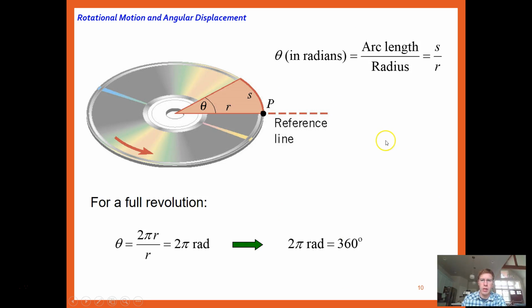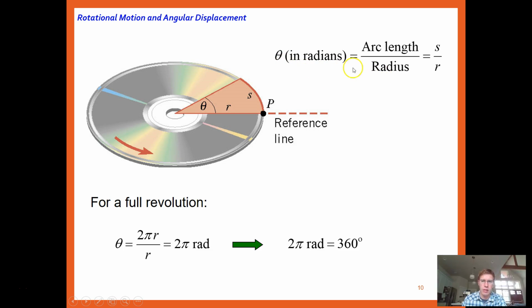All right, so again, don't forget when we're talking about angular displacement, we want to use radians, because radians are a direct ratio of the radius of your circle to the circumference of the circle. So when you're using radians, the angular displacement is a direct ratio of the arc length, which is the distance covered along the circumference, divided by the radius.